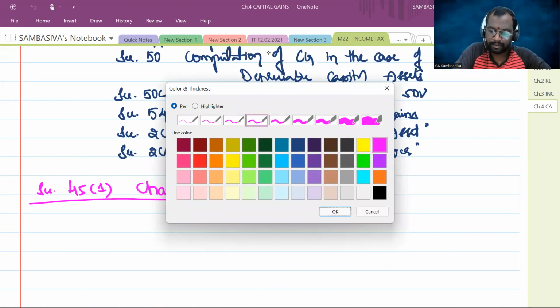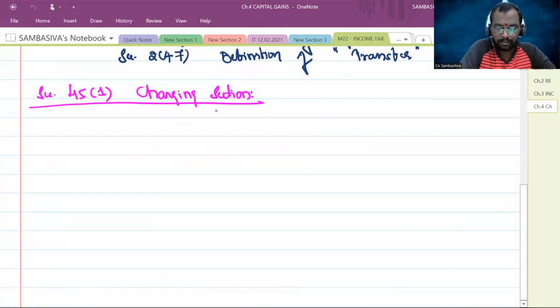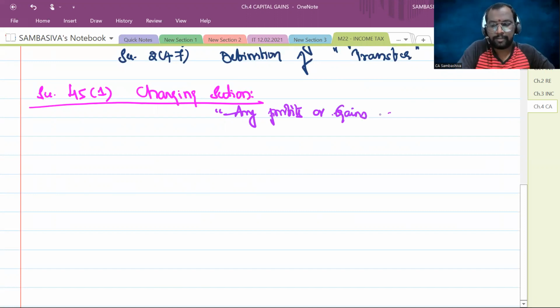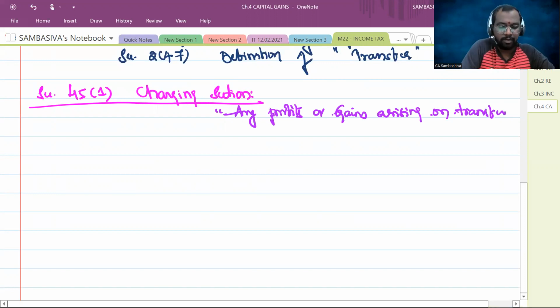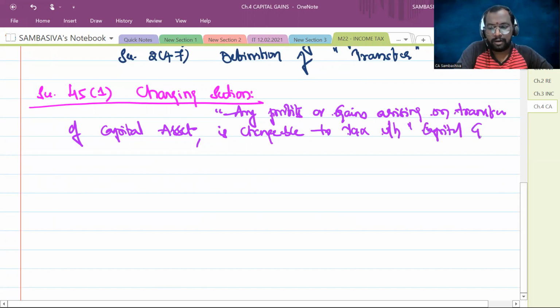So it goes like this. Any profits or gains arising on transfer of a capital asset is chargeable to tax under the head capital gains in the year in which transfer takes place.